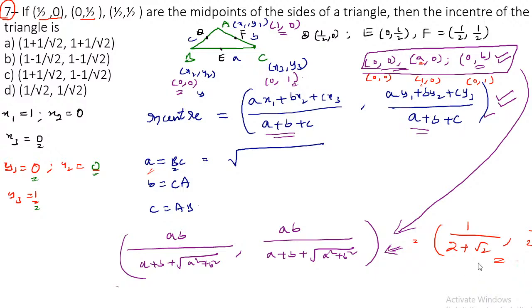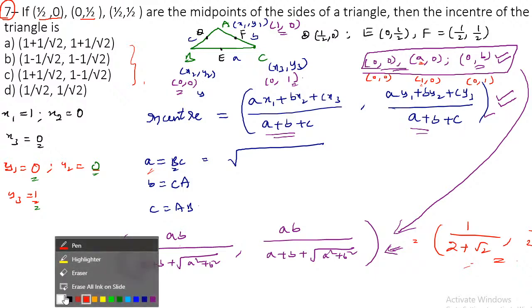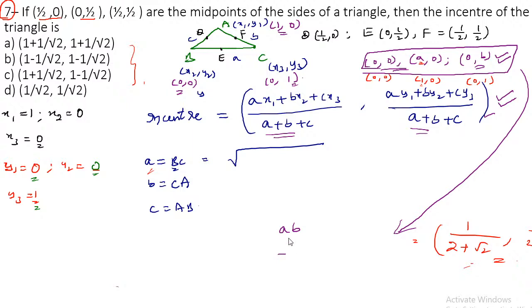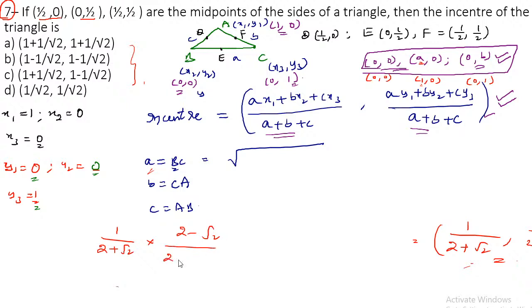So this is our incentre, but since the answer is not given in this form, we need to convert the answer into the form in which our question is given. So 1 by 2 plus root 2, multiplied by 2 minus root 2 by 2 minus root 2.